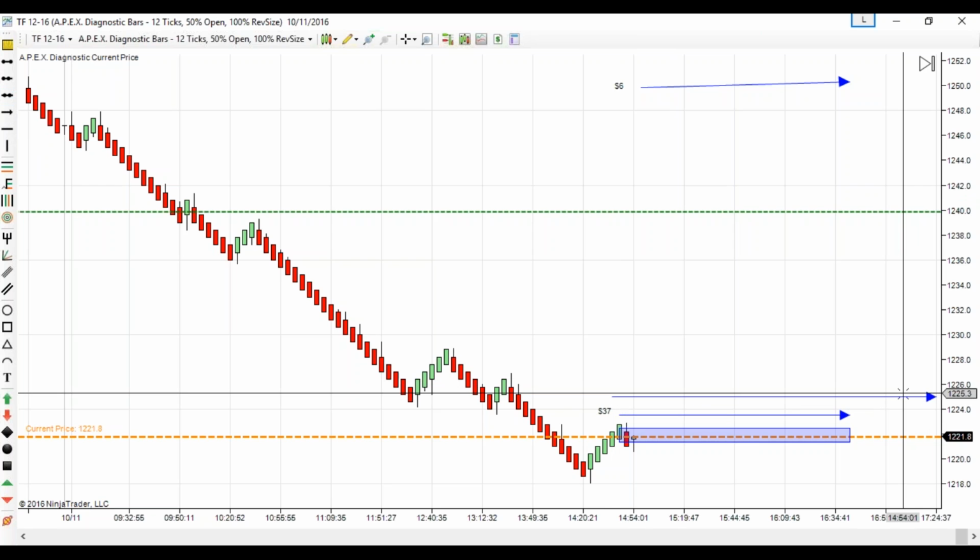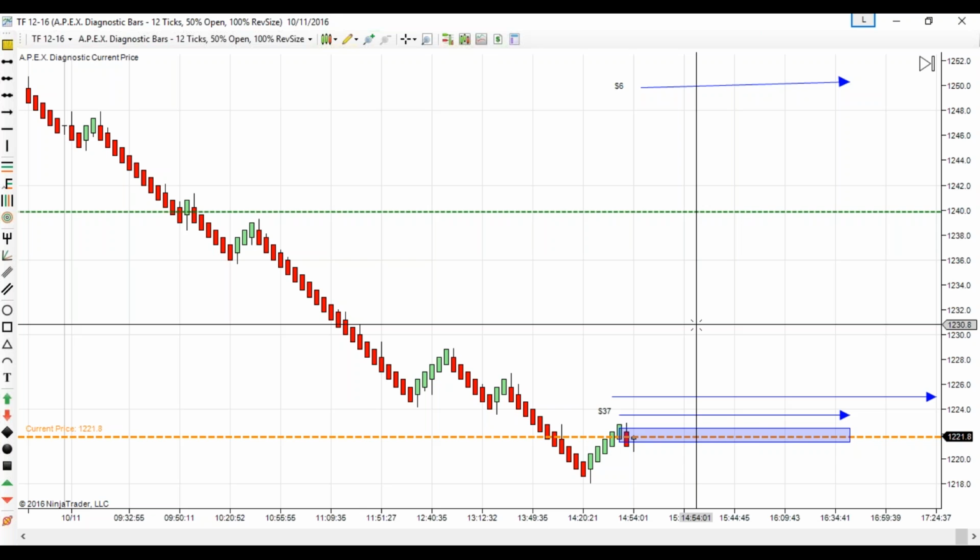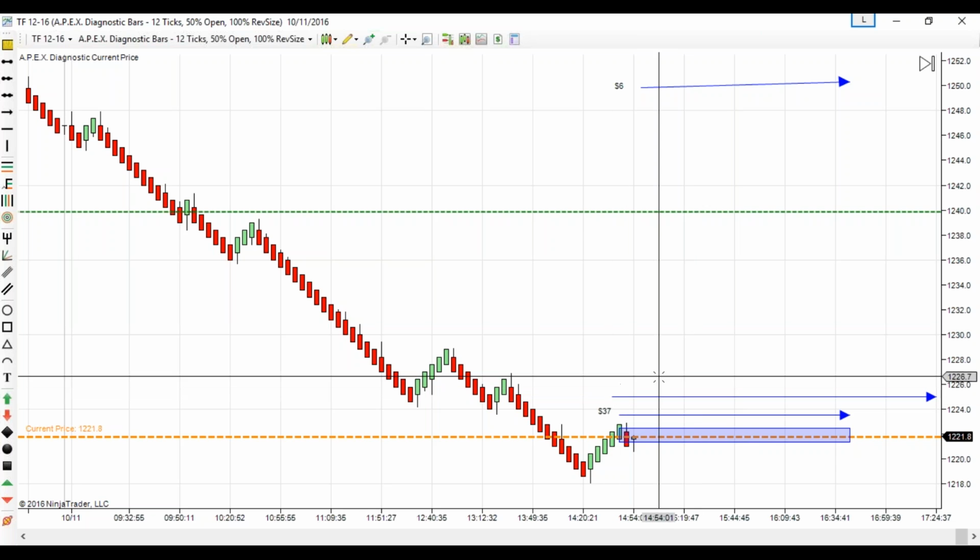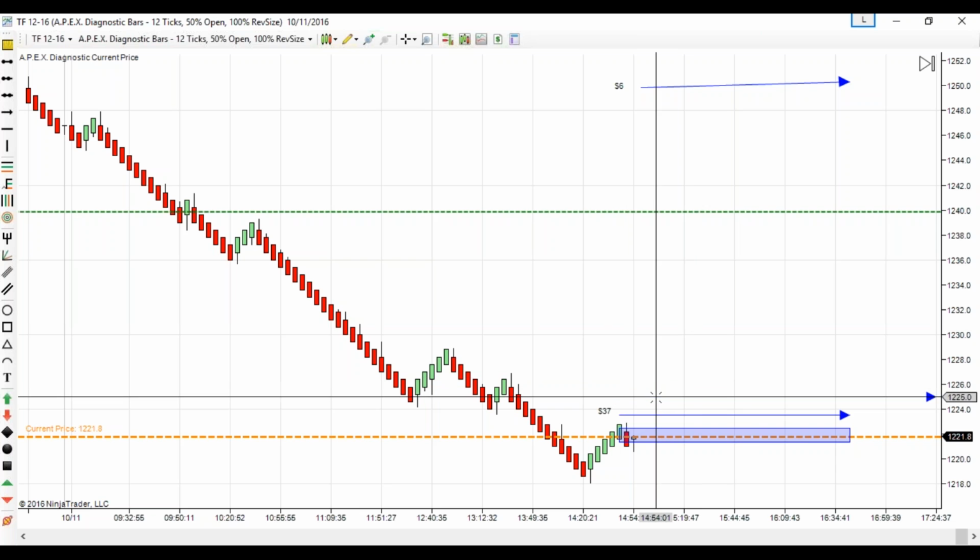I'm scared. Right? It's not a binary. What just happened when we were looking at that binary and it expired one tick below your strike? How much did we lose? Anybody remember? $89.